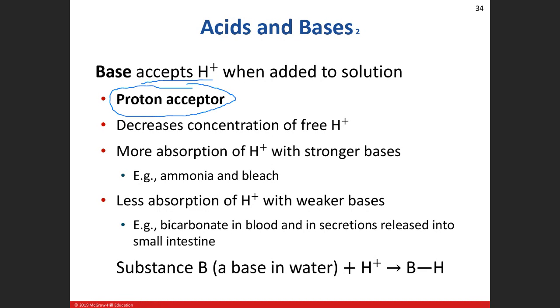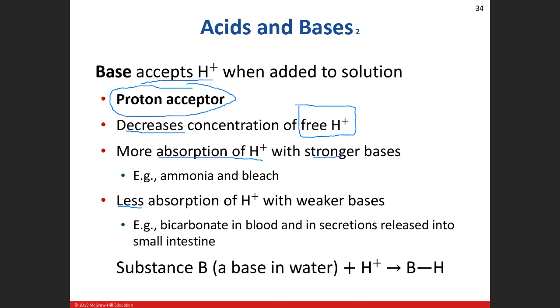When you add a base to a solution, it's going to decrease the concentration of all that free-floating hydrogen ions because it's going to suck them up like a sponge. The more absorption of hydrogen ions, the stronger the base. Weaker bases will show less absorption.